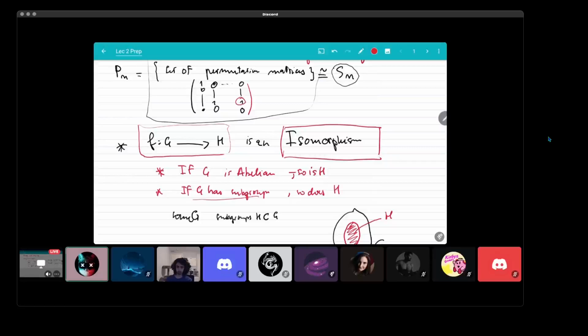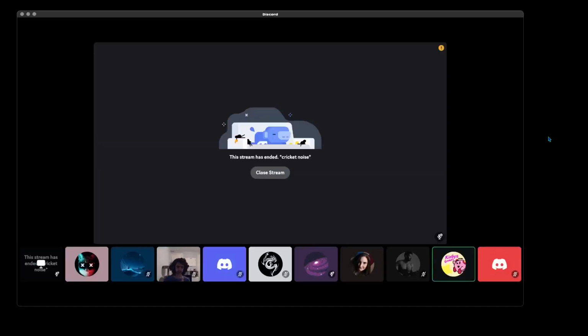Kirby, is that the question? He basically said that if G has subgroups, then so does H. But if we define H to be the subgroup only containing the identity, then that wouldn't have any subgroups. So wouldn't that be a counterexample?